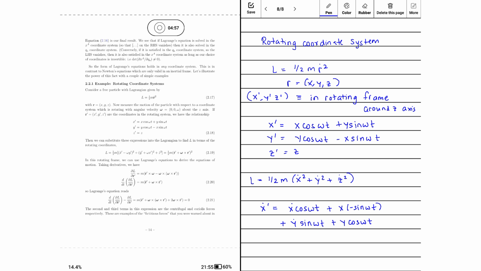So y cos omega t and this term becomes, let's just keep the y dot term aside, but this and this is basically y dash, right?